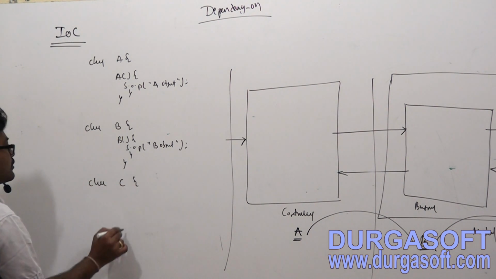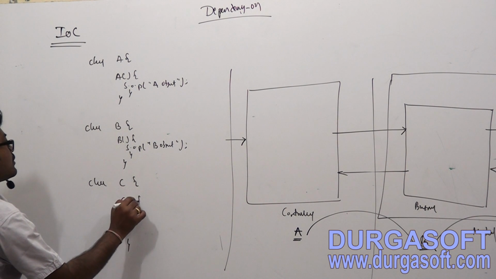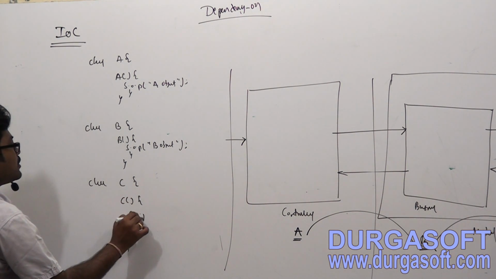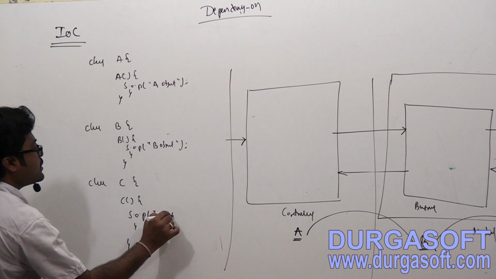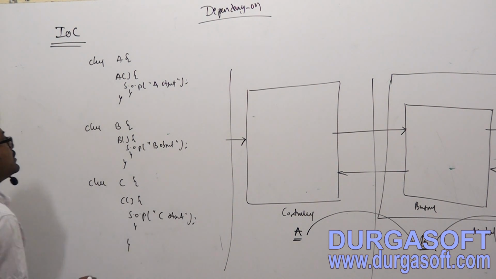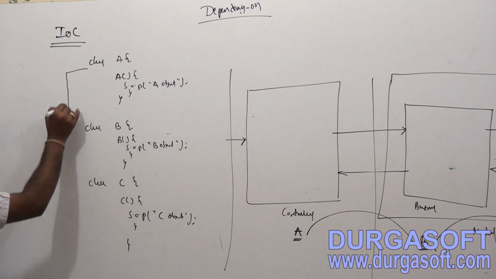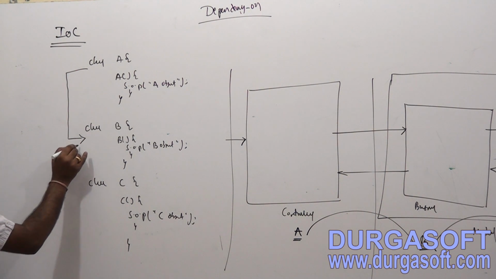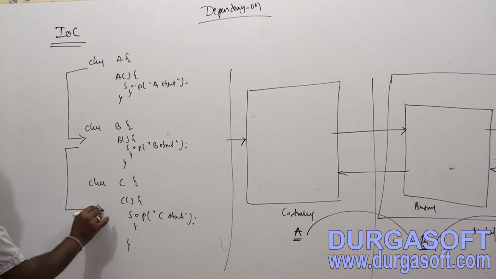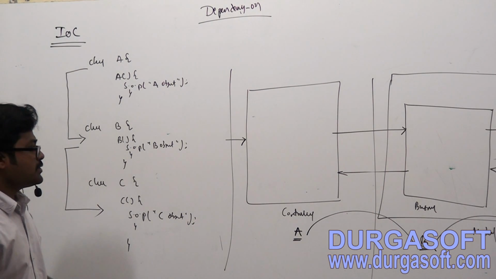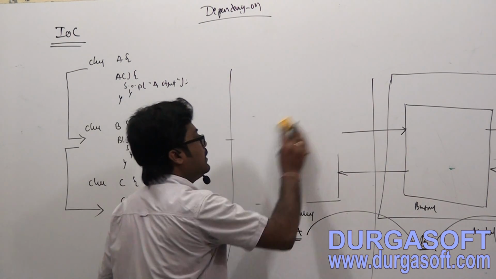Class C, System.out.println C object. So if you want to apply dependency here, if A class has a dependency on B, and B has a dependency on C, you can apply this dependency checking through your Spring XML file.